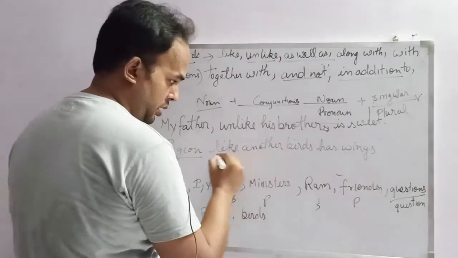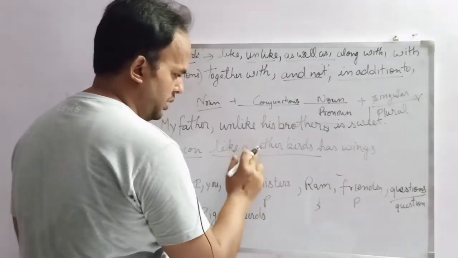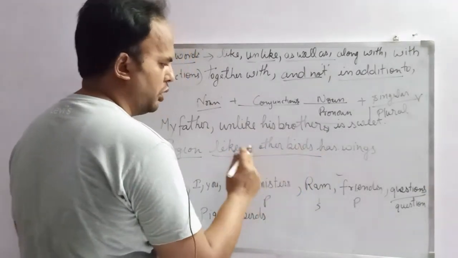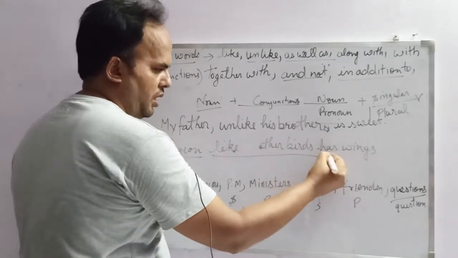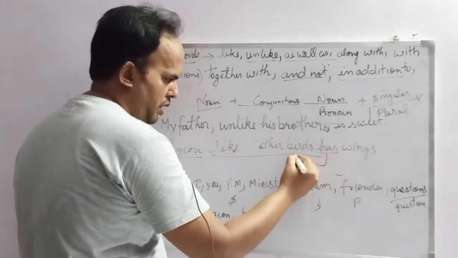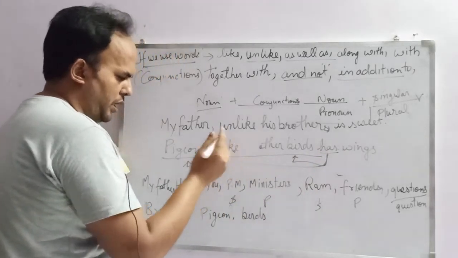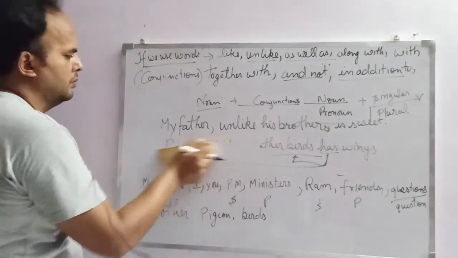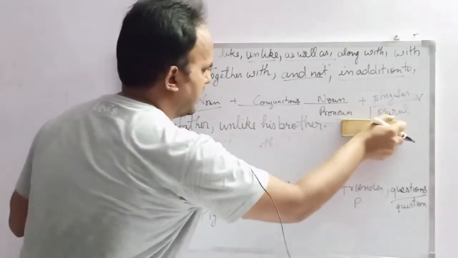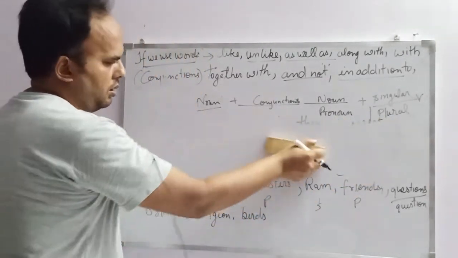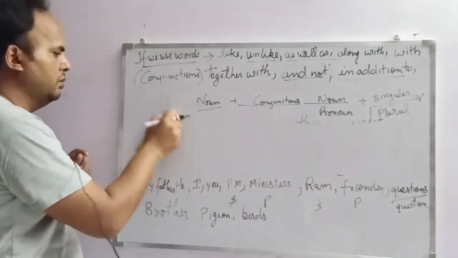Peasant like other birds, not another, other birds has wings. We are not using plural, we are using the verb according to the first subject. Now, more examples are here to take. I am using words which are given below.